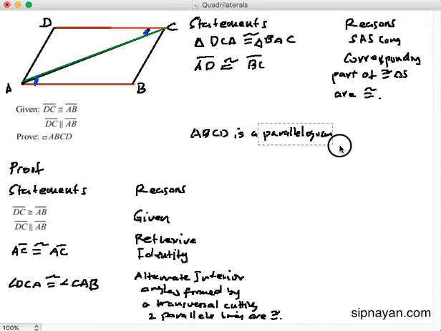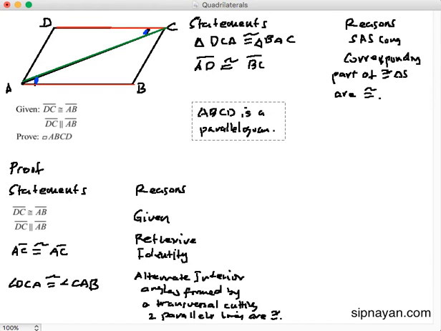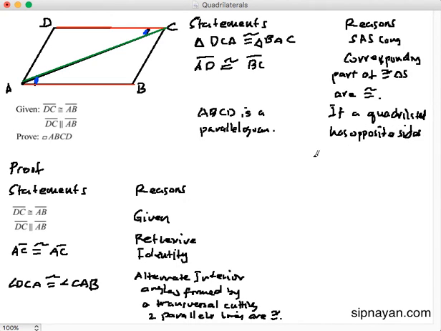ABCD is a parallelogram because, if a quadrilateral has opposite sides congruent, then it is a parallelogram.